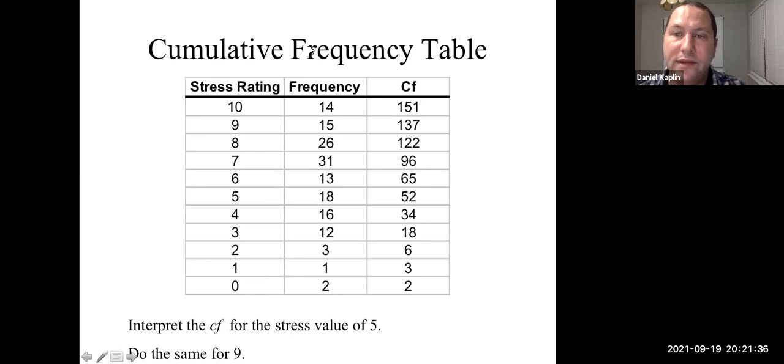Now, what I would like to do is take a moment and do this in a Word file to show you how you would calculate the CF column. Let me pull up a Word file that I made. And again, my goal is not to make it hard, but just to highlight a point.